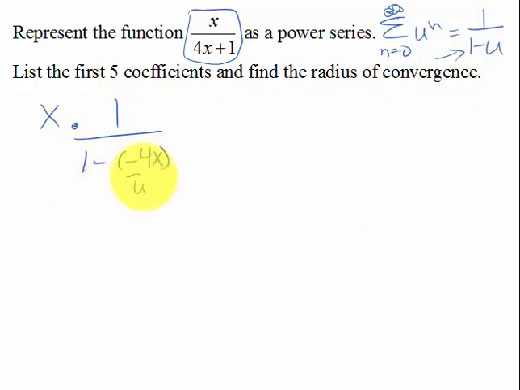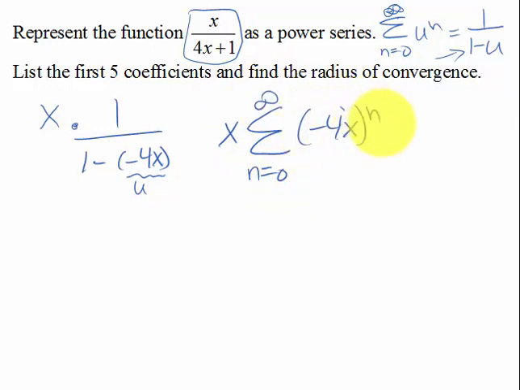So now I can tell what the u is, and I can express this as a power series, and it will be x times that power series, and that's going to be the sum of negative 4x to the n. Then I think I am going to move the x in to combine things here, so I'm going to express this just a little bit differently. So we're going to have the sum as n goes from 0 to infinity.